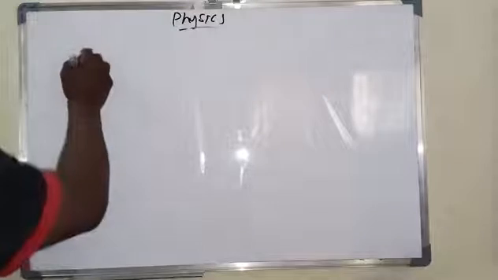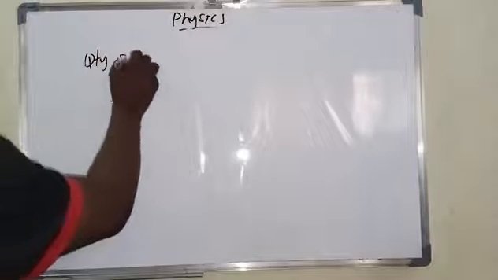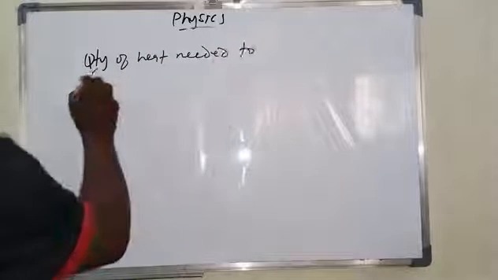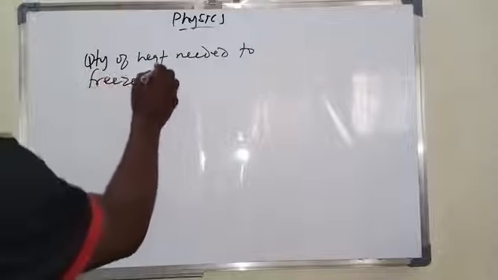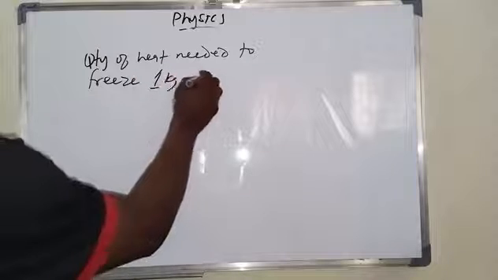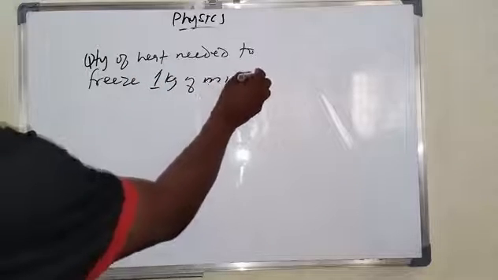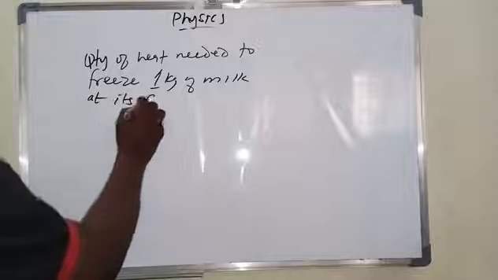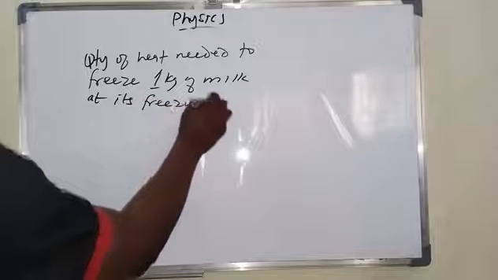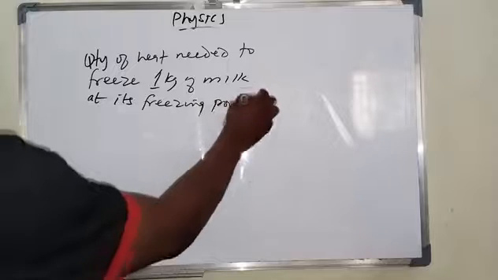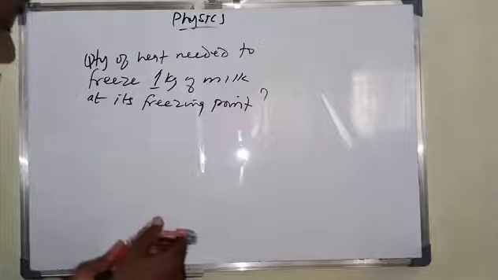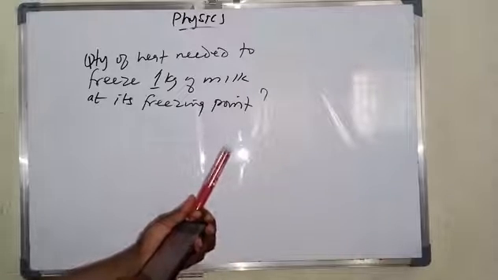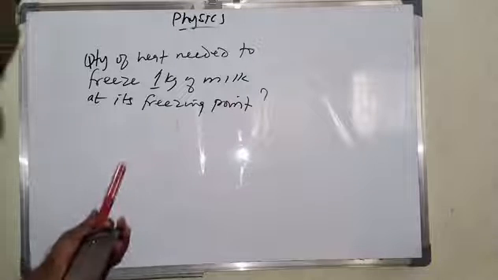The question is asking the quantity of heat needed to freeze 1 kilogram of milk at its freezing point. So in the options, we have heat capacity. Can it be heat capacity?